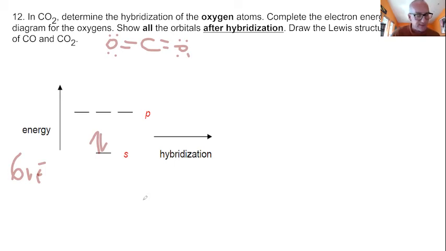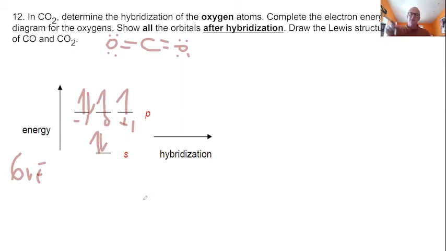And then in the p: 2 on the -1, 1 on the 0, and 1 on the +1. So I go 1, 2, 3, 4. There are my 6 electrons for oxygen before hybridization.